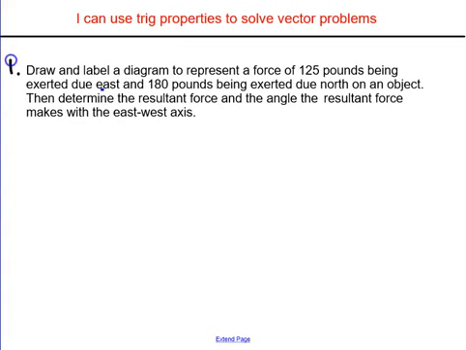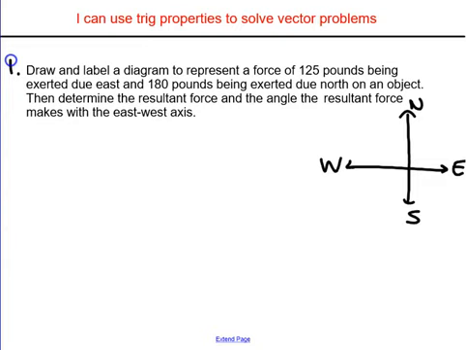So this first one says: draw and label a diagram to represent a force of 125 pounds being exerted due east and 180 pounds being exerted due north on an object. First of all, just a reminder of what north, south, east, west looks like. This is north, south, this is east, this is west, okay?